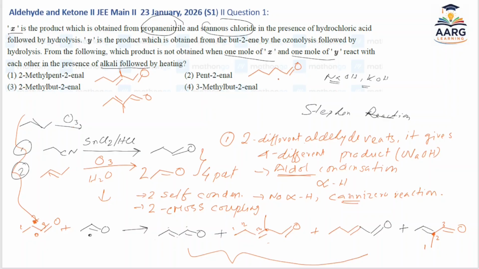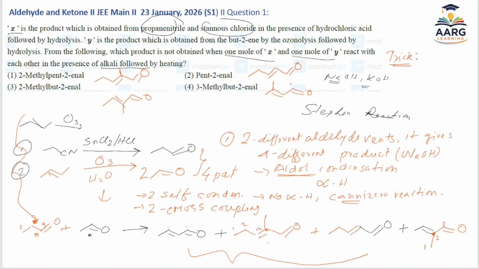This is pentenal, pent-2-enal, and 3-methyl but-2-enal. So 1, 2, 3, 4. This is but-2-enal, 3-methyl. Now if you look at the structure, I am again giving you one trick.